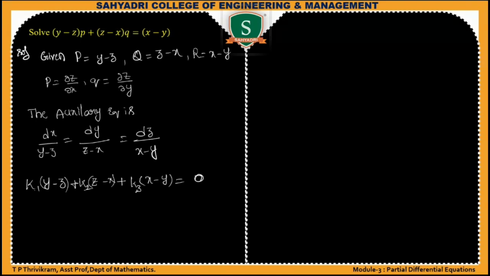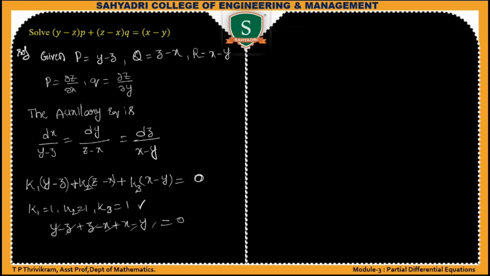Suppose I take k1 equal to 1, k2 equal to 1 and k3 equal to 1. I'll get y minus z plus z minus x plus x minus y. All letters will get cancelled, and you're getting 0. So that is what we want. This is one multiplier.